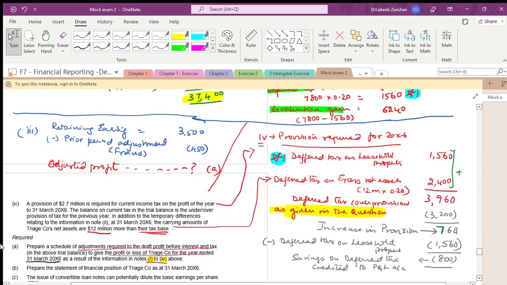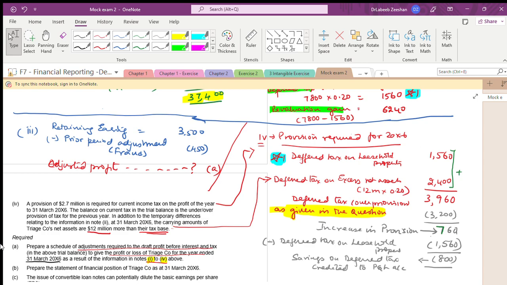From this increase, on the leasehold property we have a deferred tax. That tax has to be shown separately; we should not mix it. When you are talking about lease payments, it will be incorporated in that.